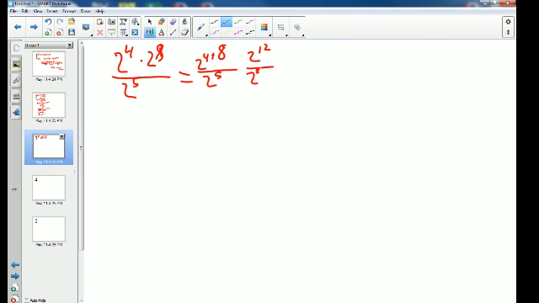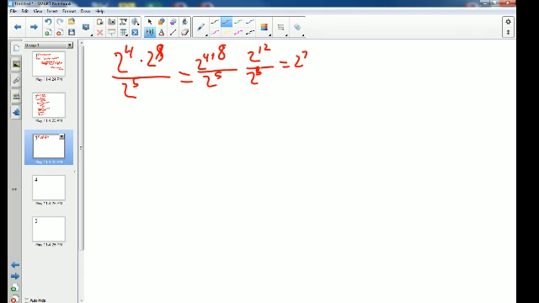Gives you 2 to the 7th, because when you do your quotient, you subtract 5 from 12, which gives you 7. Gives you 2 to the 7th.